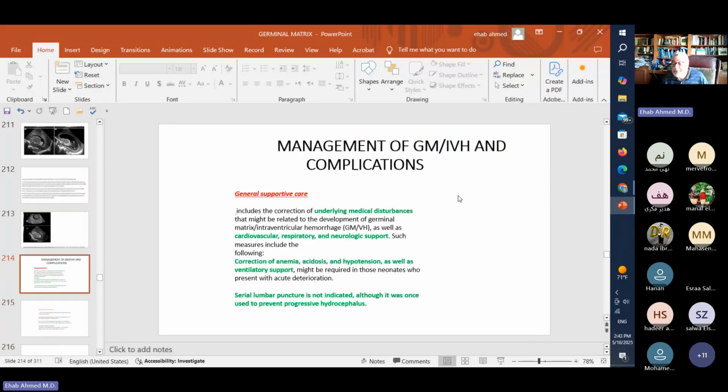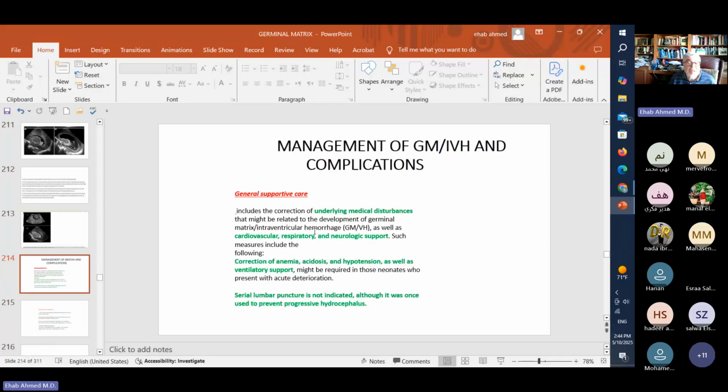Okay, management of the GM-IVH and the complications. There are general supportive measures: cardiovascular and hemodynamic stability, maintaining blood pressure, dealing with the underlying problems like hypotension or respiratory distress, correction of anemia, and correction of acidosis.